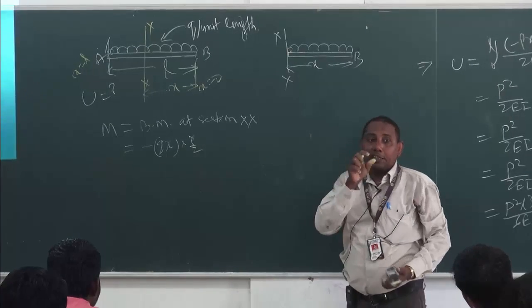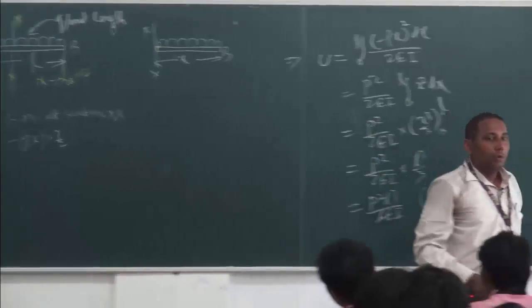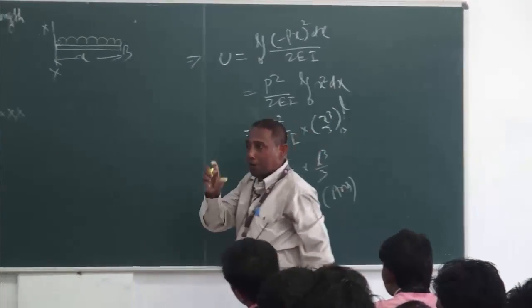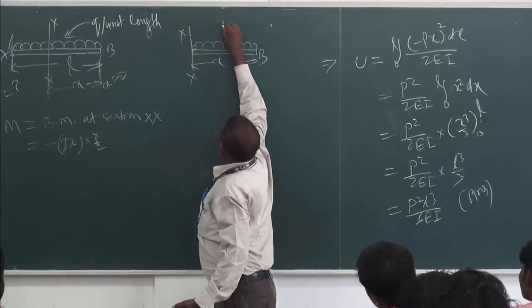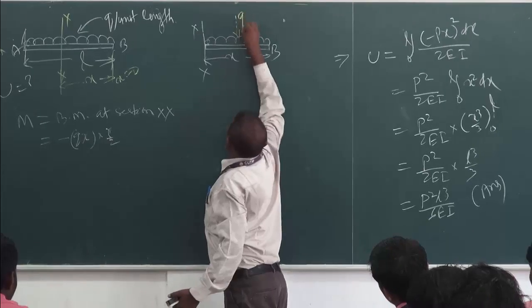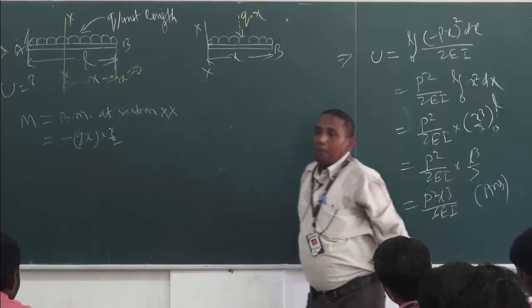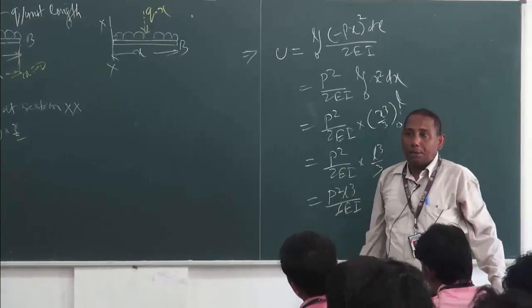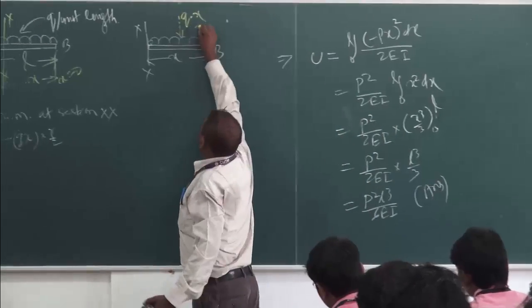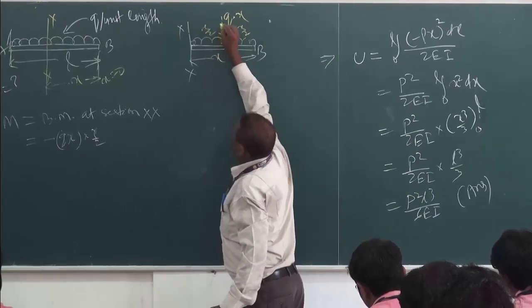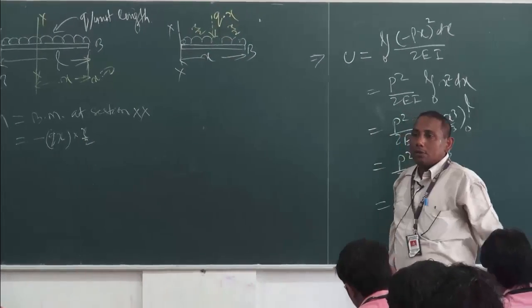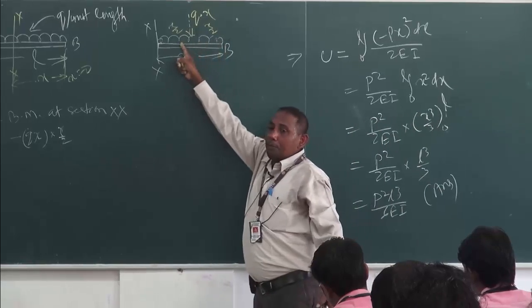And this Q into x is the equivalent point load, which should be acting at the middle of the portion. That means this is x by 2 and this portion is x by 2. That means this distributed load is now replaced by the point load.